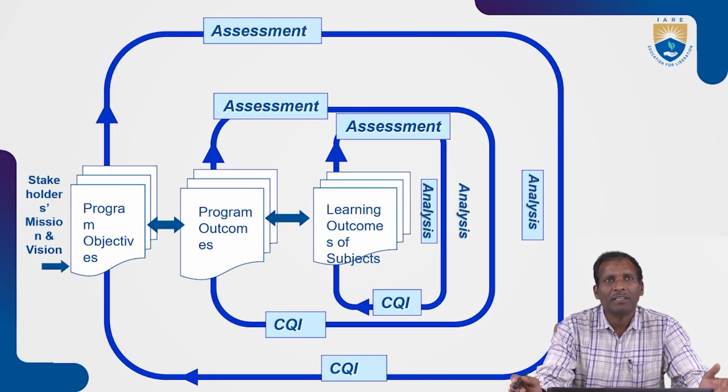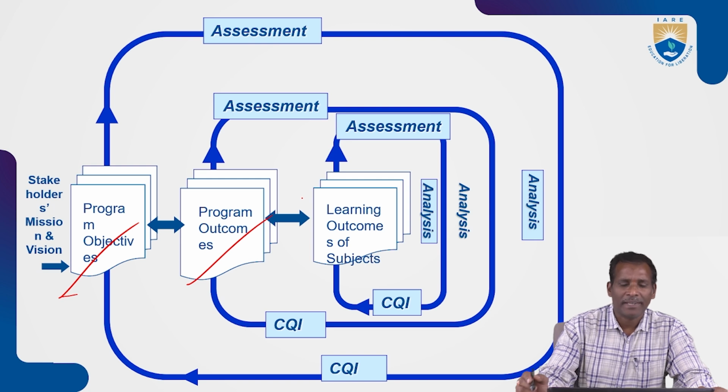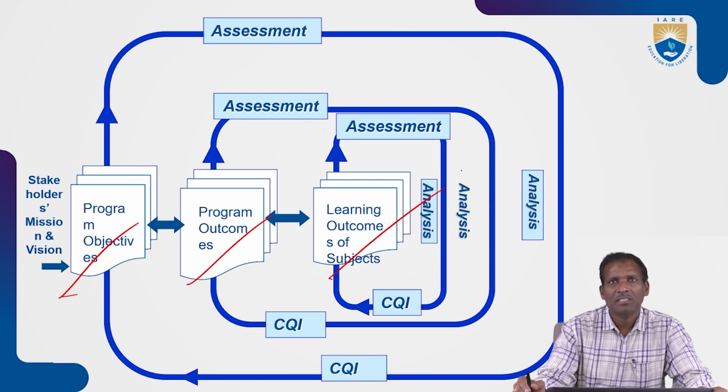Now, the assessment loop. We will close the loop with continuous quality improvement. First, you take the stakeholders' mission and vision and define program objectives, program outcomes, and the learning outcomes of subjects.